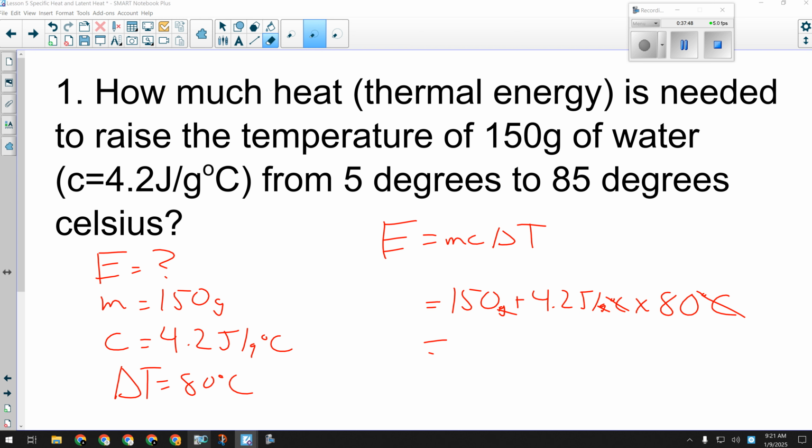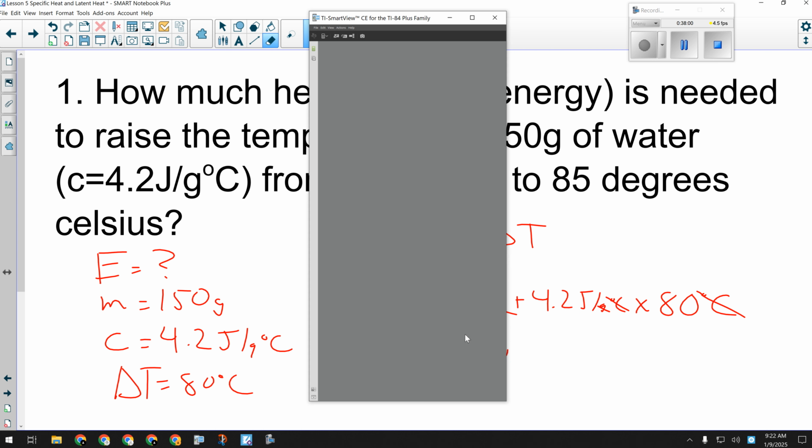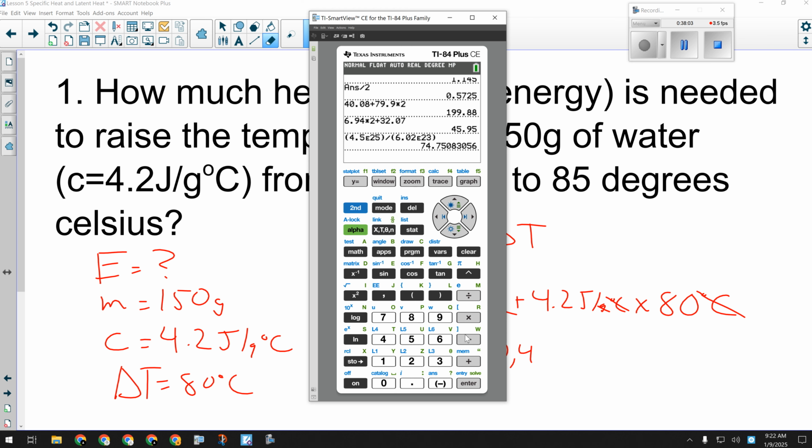Okay, I should have fired up my calculator before. What does that come up to, guys? 50,400, I think. That seems about right. Now I have a calculator, so I might as well just do it. 150 times 4.2 times 80.